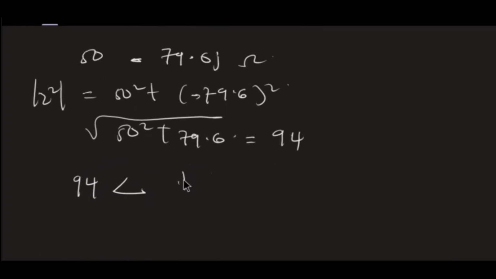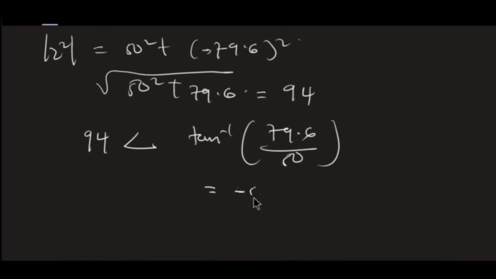The angle will be tan inverse of 79.6 over 50, and this is going to give me negative 57.87 degrees. So in polar form, 94 angle negative 57.87, and the reason why it's negative is because current is now leading the voltage, so it is negative, in ohms.